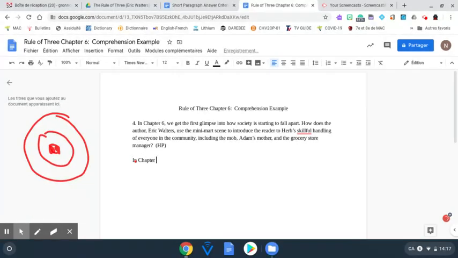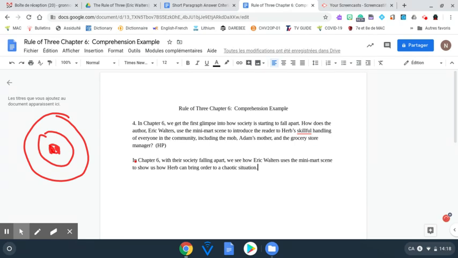In chapter 6, and if you want to include that first part up here, you can, with their society falling apart, we see how Eric Walters uses the mini mart scene to show us how Herb can bring order to a chaotic situation. So this is how you might compose a topic sentence.